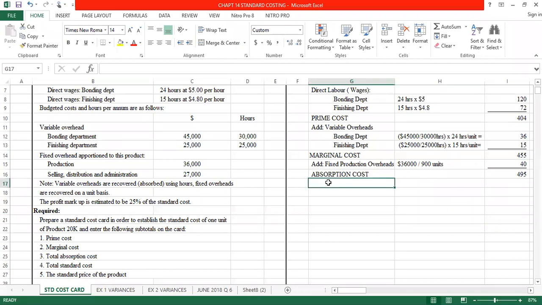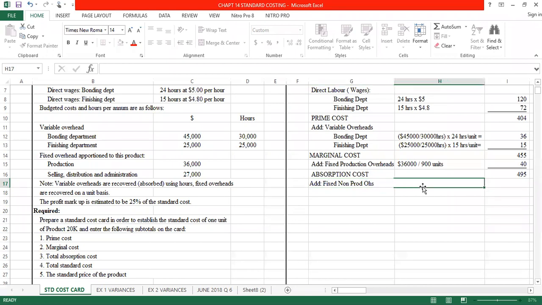Next, to the absorption cost, you add fixed non-production overheads. I'm writing in abbreviations.